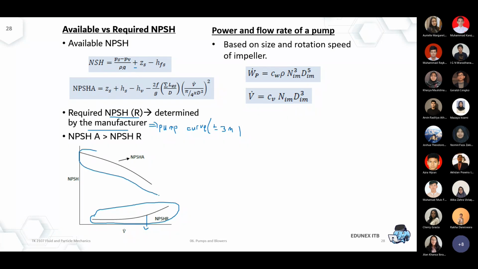As long as this is above the NPSHR, it's a safe operation to avoid cavitation.